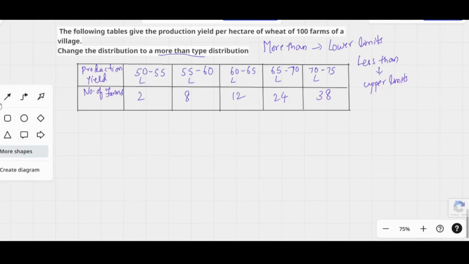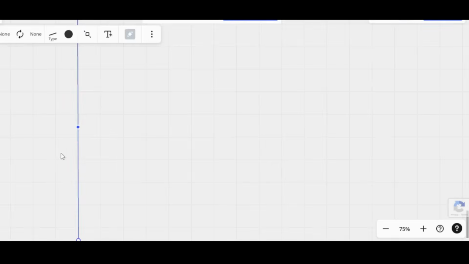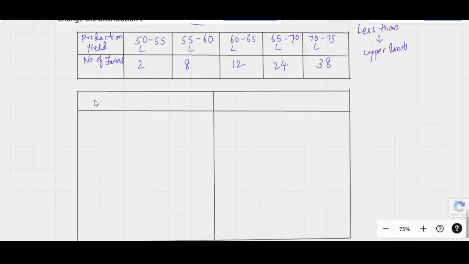So let us draw it quickly. If I take this tabular column, let us write down here: this is the production yield and this is the number of farms. What I said, first write down more than or equal to.